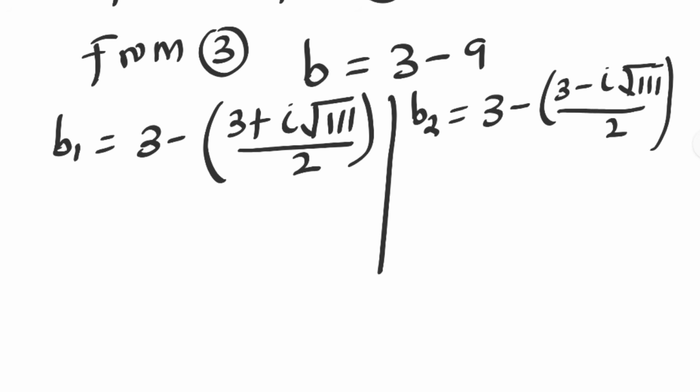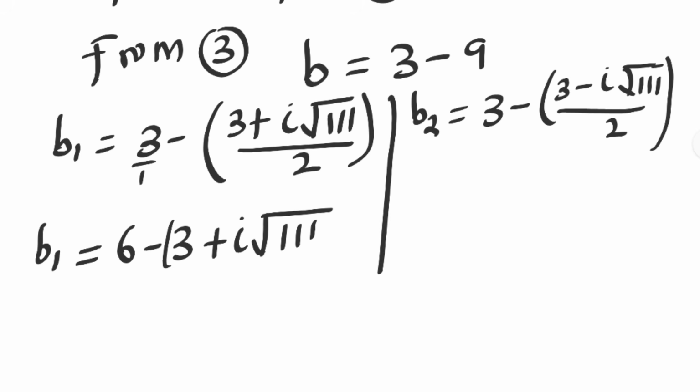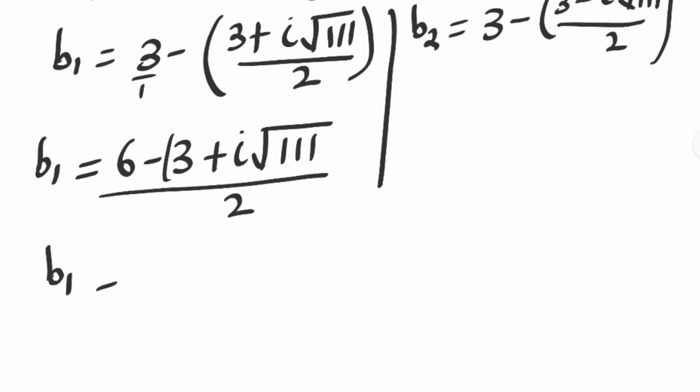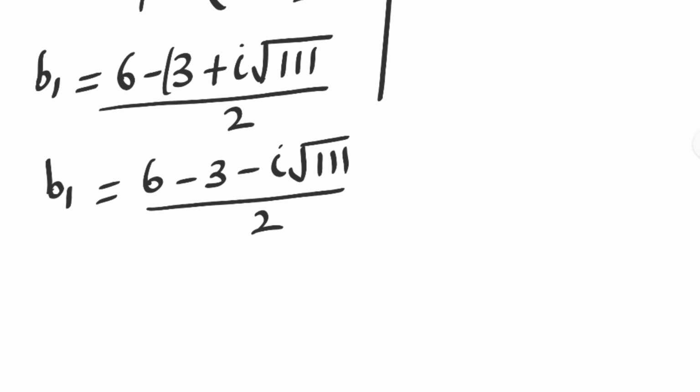Then from here, this is over 1, the LCM is 2. 1 into 2 times 3, 6. b1 is equal to 6 minus 3 plus i square root of 111 all over 2. b1 is equal to 6 minus 3 minus i square root of 111 all over 2. b1 is equal to 6 minus 3.